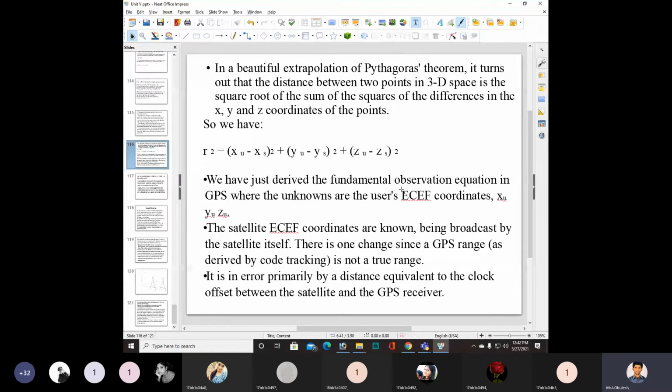So the expression is r squared equals (xu minus xs) whole squared plus (yu minus ys) whole squared plus (zu minus zs) whole squared.